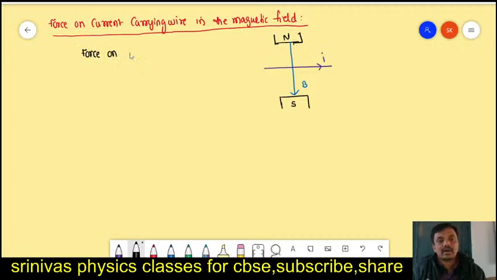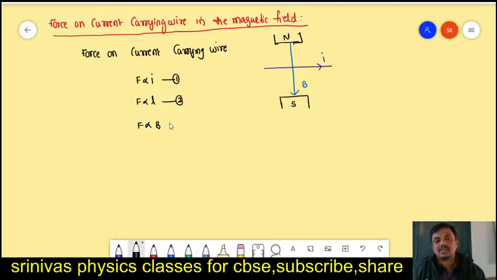Force on a current carrying wire: on what factors does it depend? The force depends upon the current, the force depends upon the length, and the force depends upon the magnetic field.